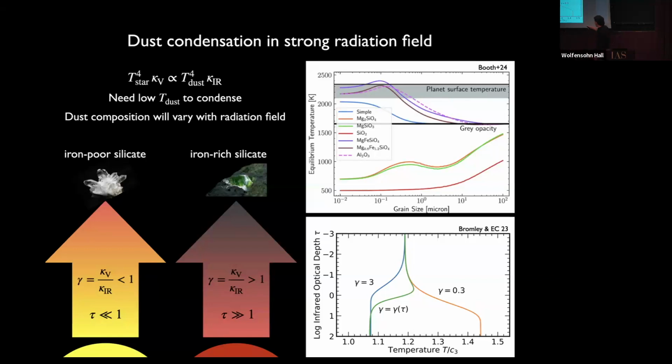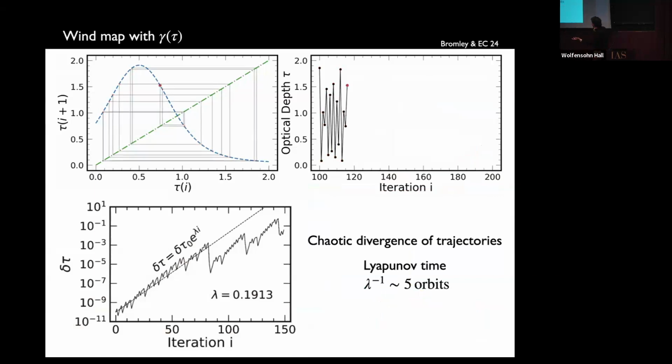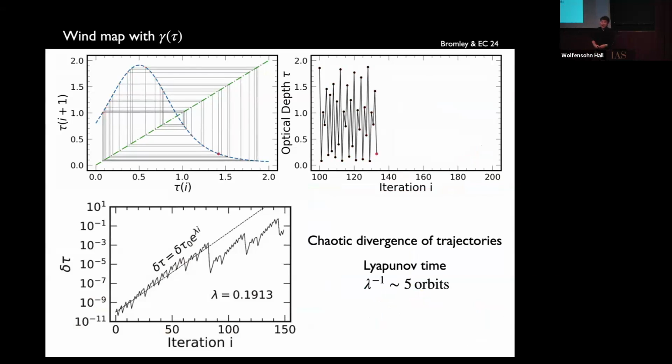And instead of just getting a pure nuclear winter or a pure greenhouse, you can actually flip dynamically between these two families of solutions. And so when you fold this in, now the map looks like this. There's still one fixed point, but no matter where you start, it's just completely crazy. And it has a memory, it has a Lyapunov time of about 5 orbits. So that's sort of how long it remembers what it was doing.